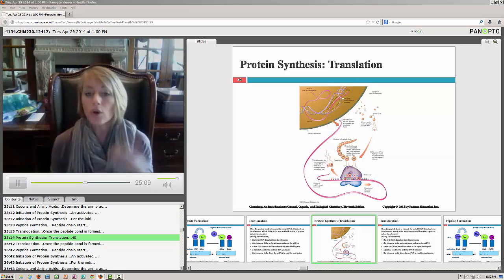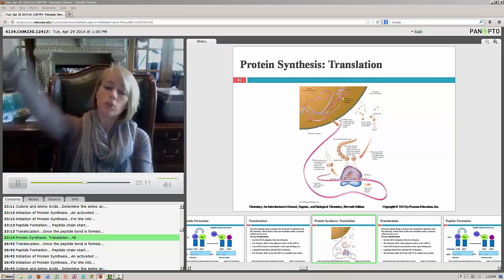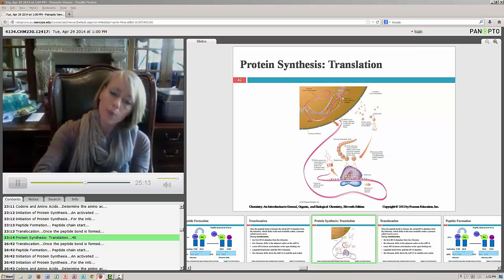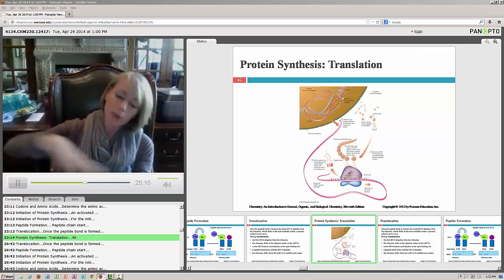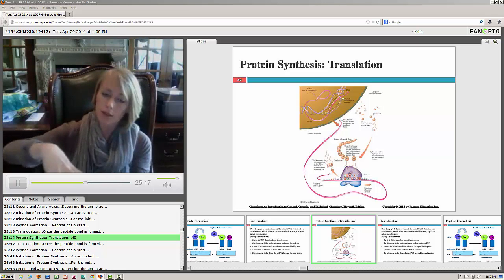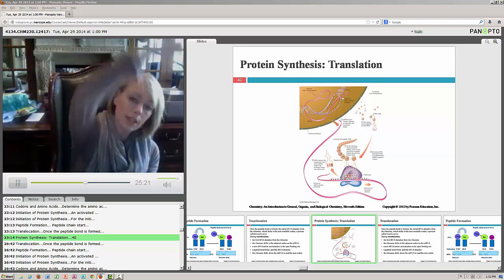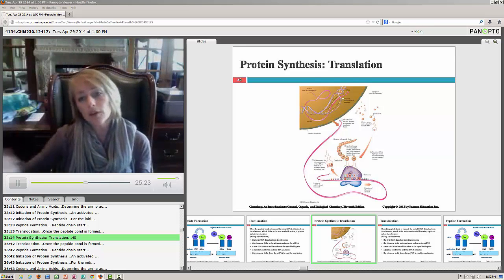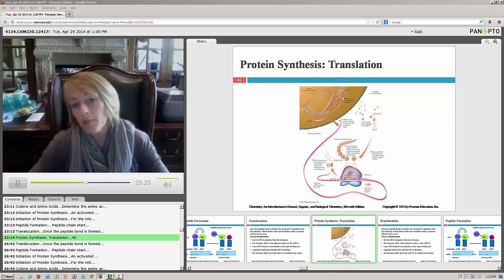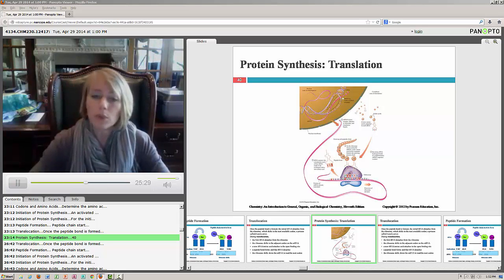Okay, so when you look at it, then the transfer RNA is brought in, it binds into the active site, okay, and as it binds in, shifts, and is ejected, it will drop off an amino acid that will make a peptide bond. We know that's an amide bond between it and the previous amino acid.